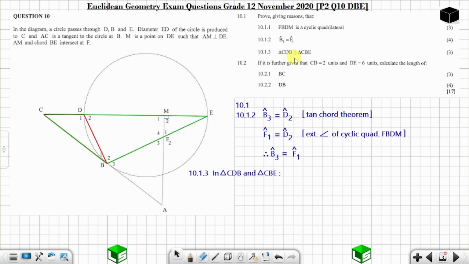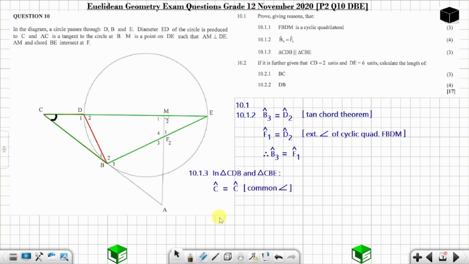To prove that the two triangles are similar, we have to show that three angles in one triangle are equal to three angles in another triangle. Angle C is common in both triangles, so angle C in this triangle is equal to angle C in this triangle. The reason is common angle.